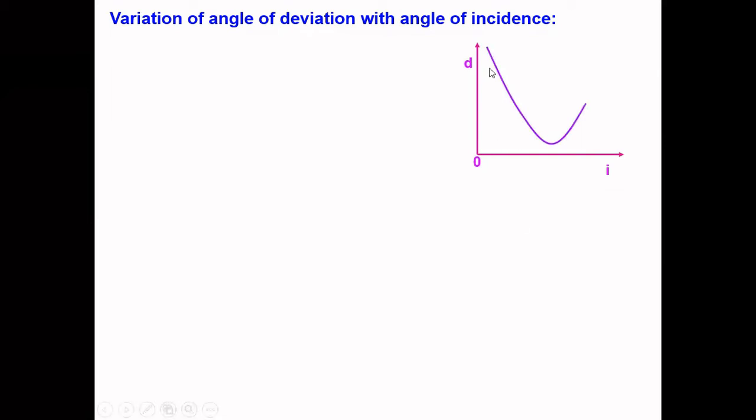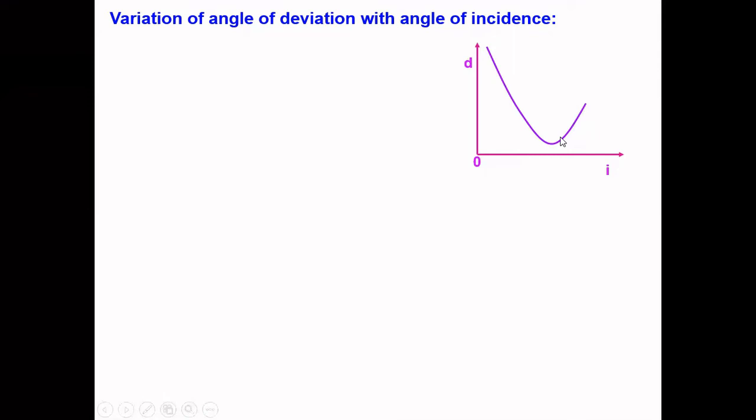That means initially the angle of deviation may be high for a small angle of incidence, but as we increase the angle of incidence, the angle of deviation gradually decreases and it becomes a minimum. After that value, gradually it will be increasing.